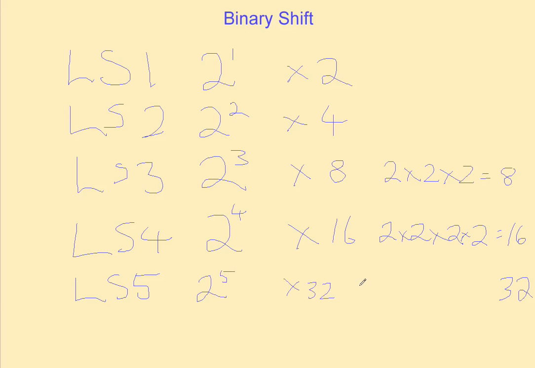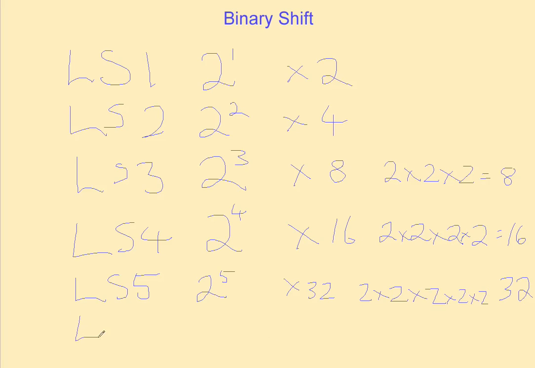We've got 2 times 2 times 2 times 2 times 2. So 2 times 2 is 4, times 2 is 8, times 2 is 16, times 2 is 32.